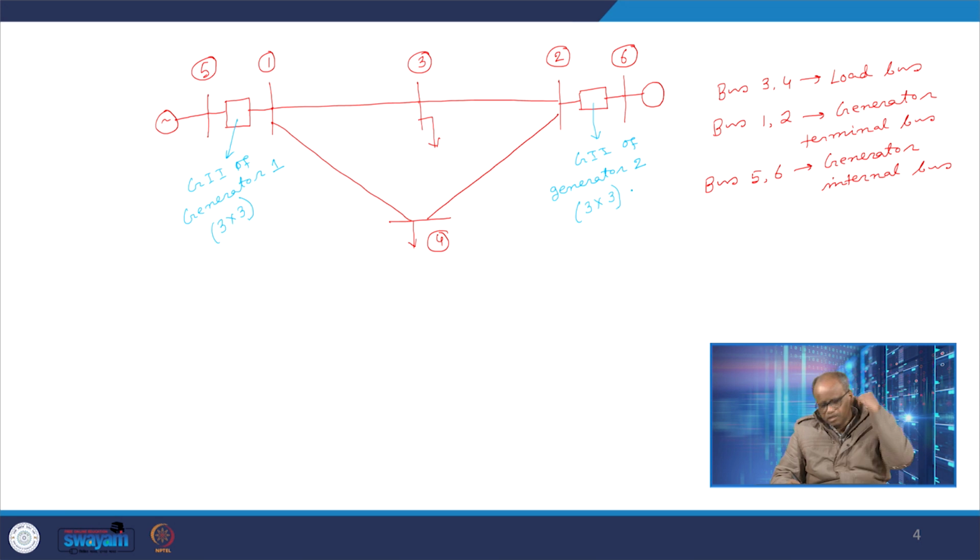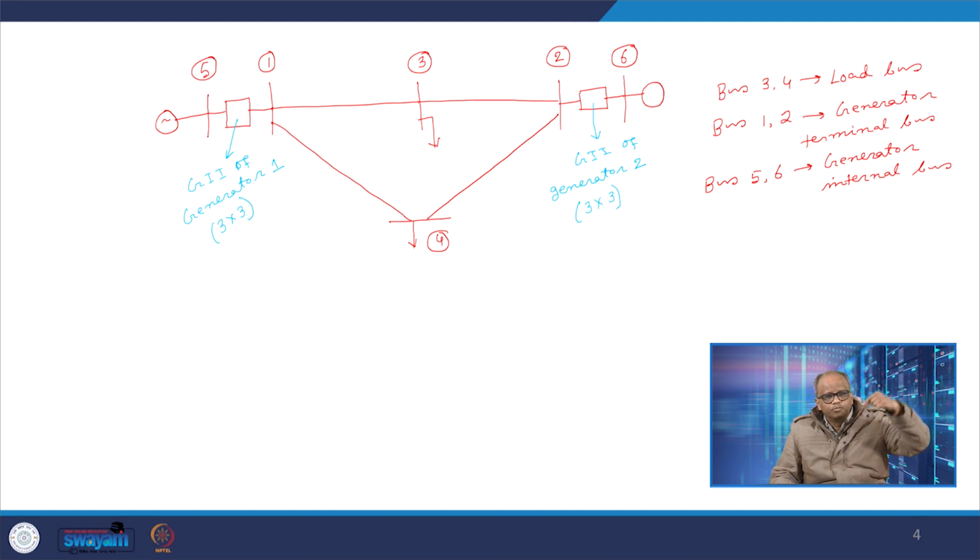Basically, if we know the zero sequence, positive sequence and negative sequence impedance, then from those we can calculate back, by the simple transformation, the impedances in the phase ABC domain.